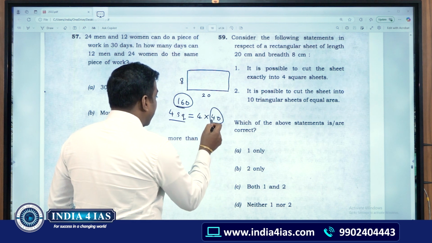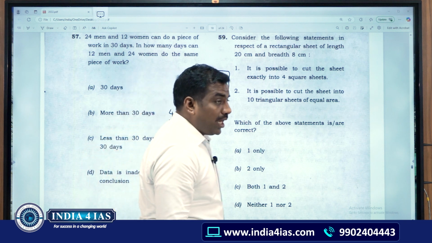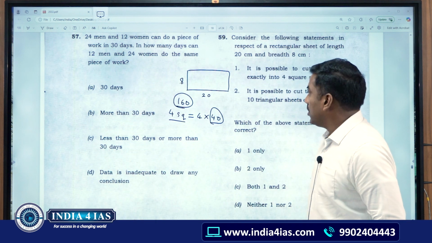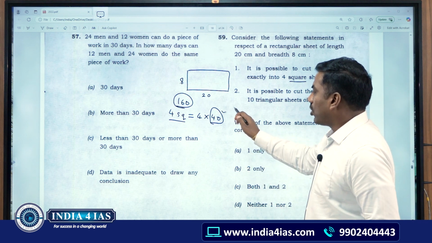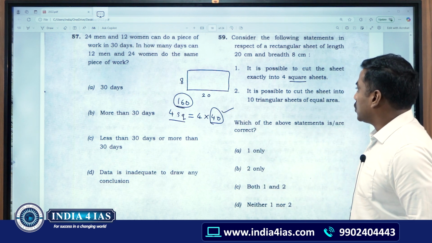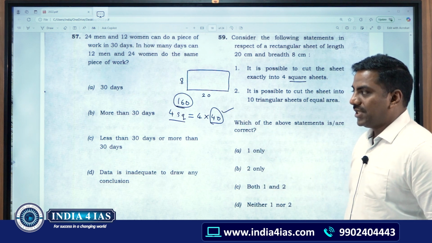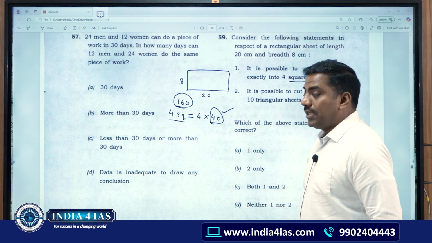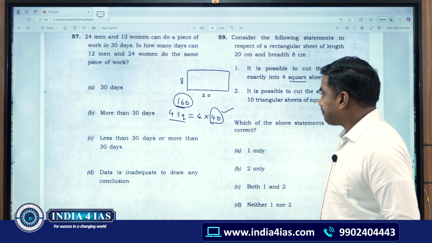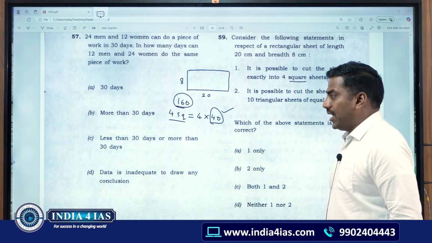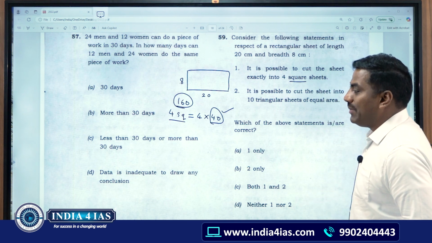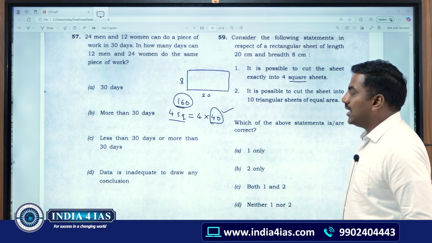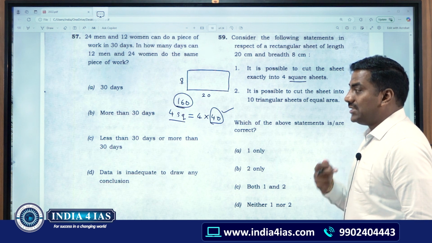So I need to get a particular square with 40 square centimeters. This is the challenge here.